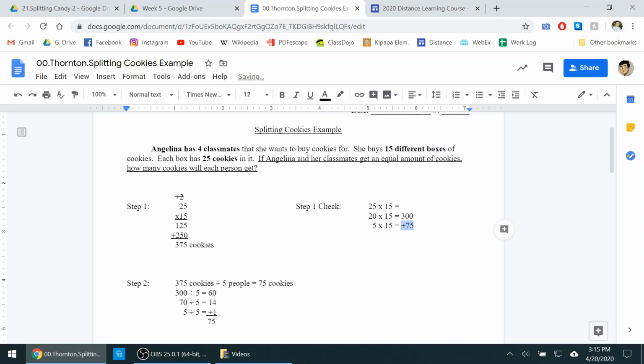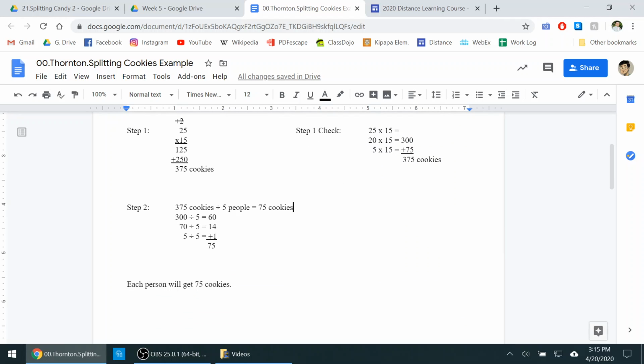So we have 300 plus 75, and that'll get us 375 cookies. I'm going to turn off that underline again. Okay, so that's how we can check our work for that.